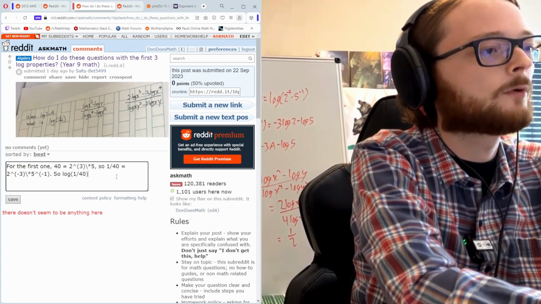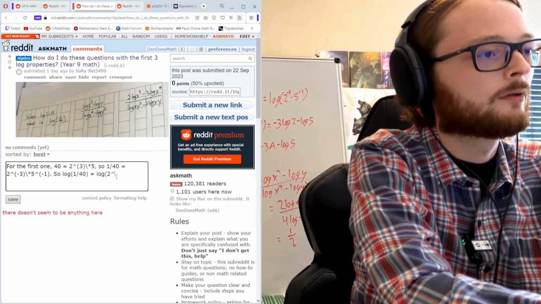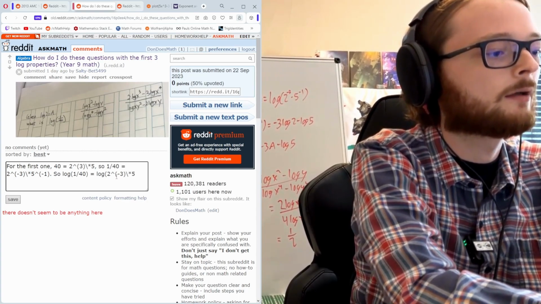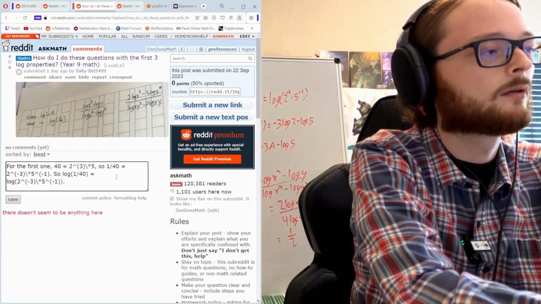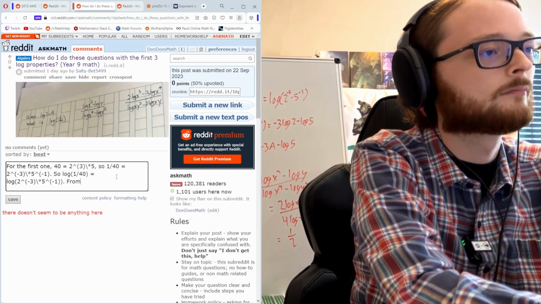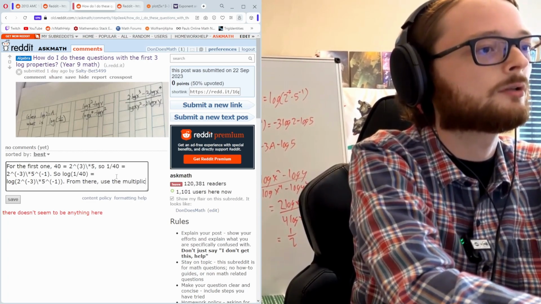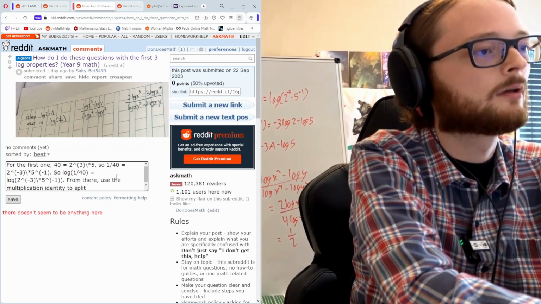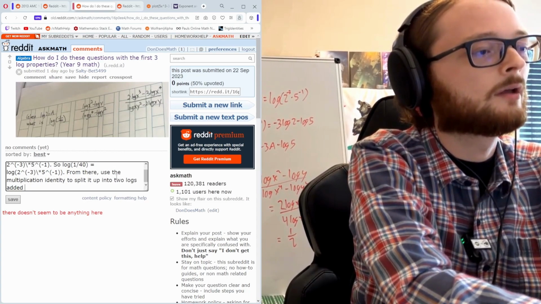So log of 1 over 40 equals log of 2 to the negative 3 times 5 to the negative 1. From there, use the multiplication identity to split it up into 2 logs added together.